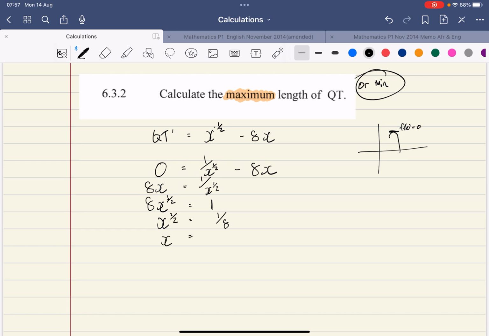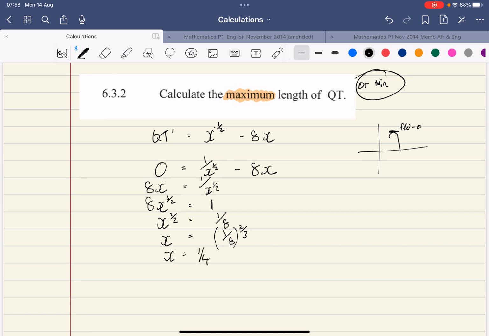So x will be equal to, let's write it like this, 2/3. There we go. Now let's punch that in our calculator. 1/8, 2/3. I get a quarter.